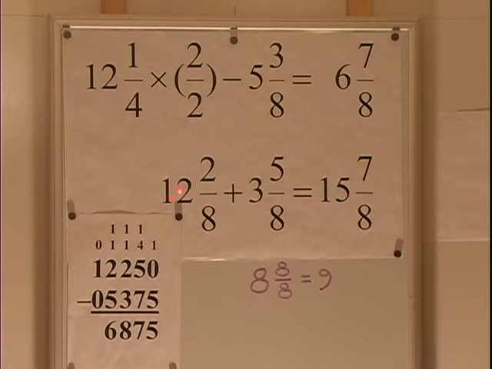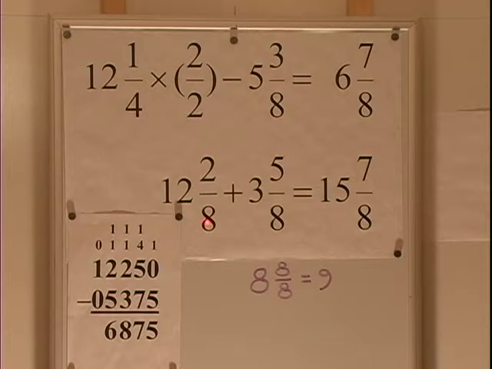Now I'm going to proceed to add. But first I must convert this 1/4 to eighths. So I'm going to multiply by 1, and then I'm going to substitute 2 over 2 for 1. So I get 2 times 1 is 2, and 2 times 4 is 8.